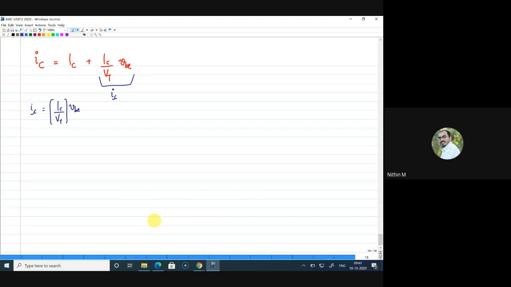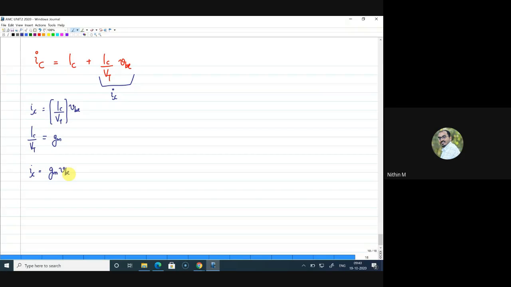It is actually conductance. Yes, very good. This IC by VT is defined as the figure of merit, the conductance, and we call it gm, the mutual conductance or the transconductance of a BJT. IC by VT is gm. So I can now write ic is equal to gm into vbe.